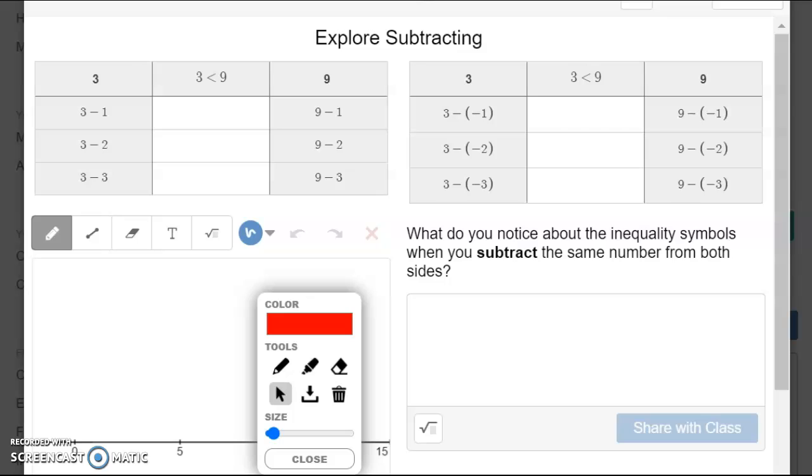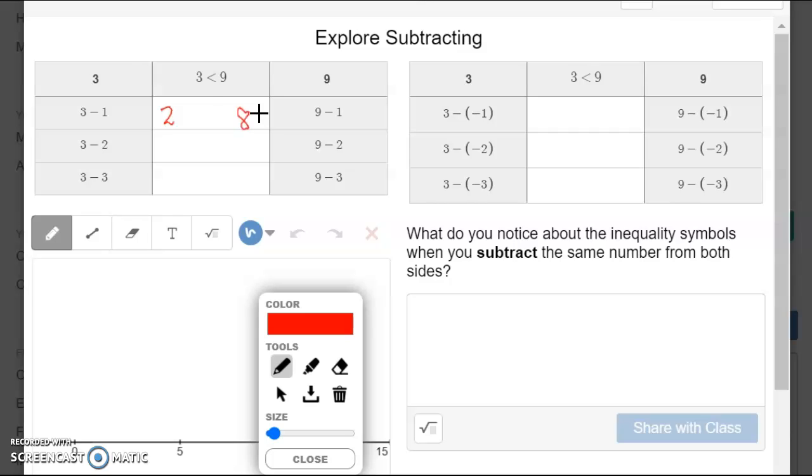Okay, let's try what happens when we subtract the same number from both sides of the inequality. If I subtracted 1 from both sides, we started off with 3 is less than 9. 3 minus 1 is 2, and 9 minus 1 is 8.